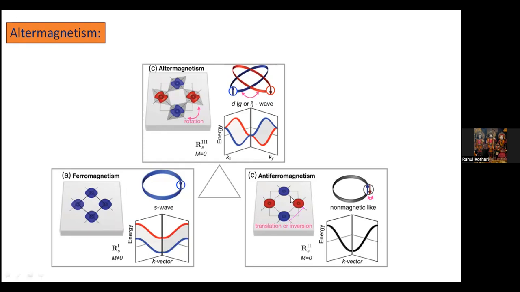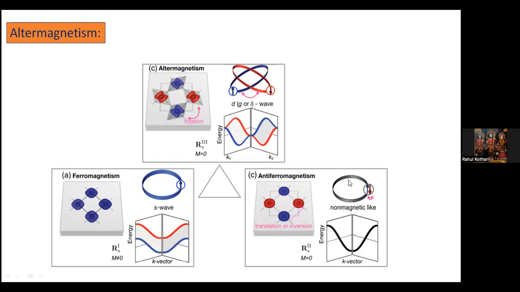Likewise, if you see the antiferromagnetism, these are nothing but a combination of two different sublattices. One is of this brown or orange color, and this one is this violet, green, blue color. But these two different sublattices can be interrelated to one another, or transformed from one to another, by the symmetry operation of translation or inversion.